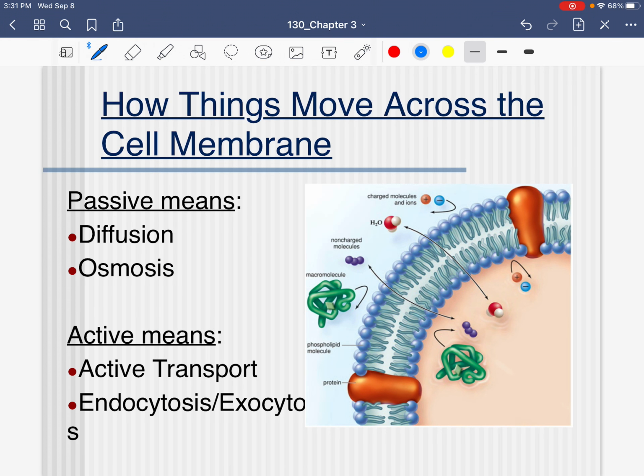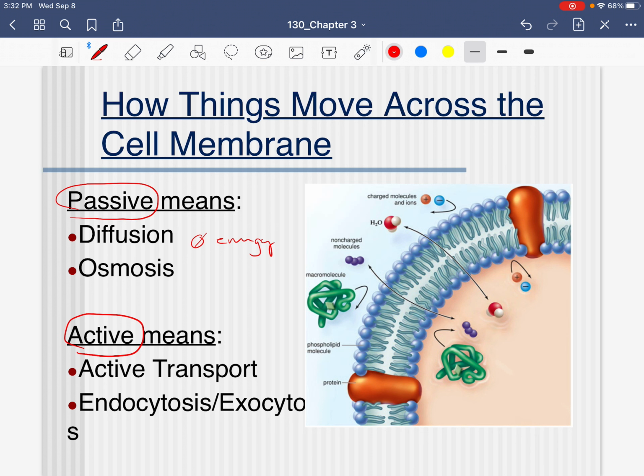All right. Now, as we talk about ways in which we get things into and out of the cell, we can divide them into ways to move things that are passive, and this does not require energy. We can diffuse things from high to low concentration without any ATP energy.